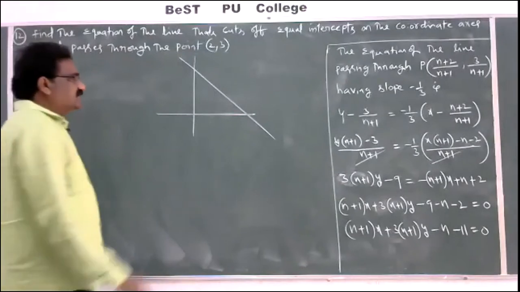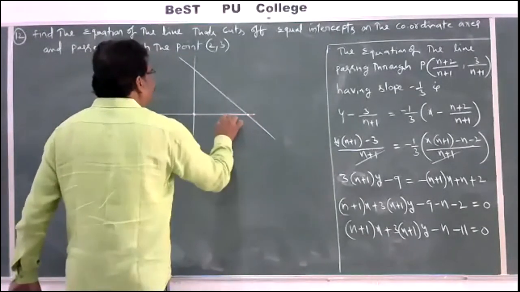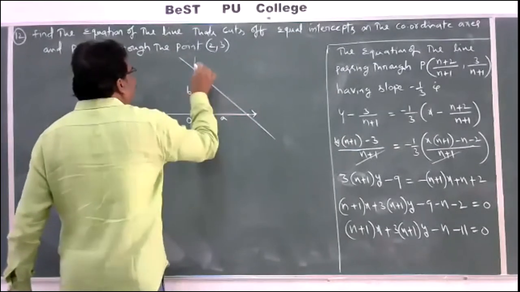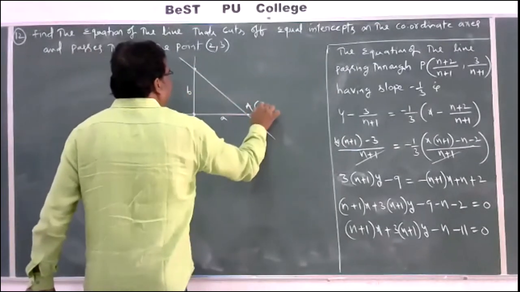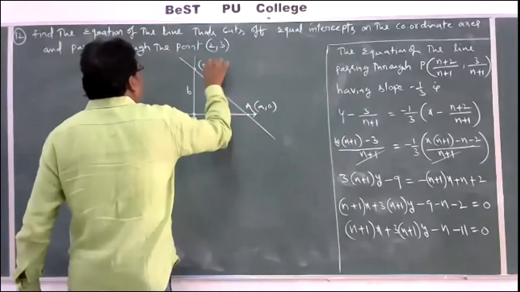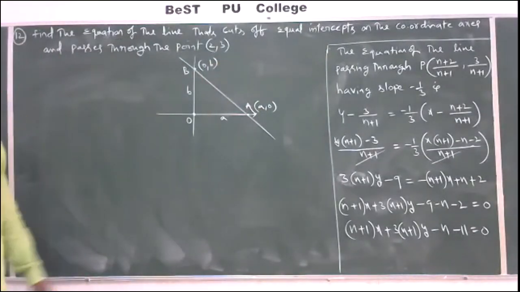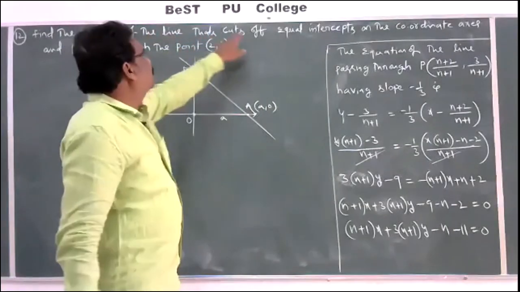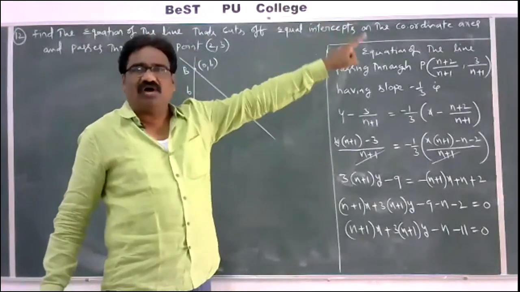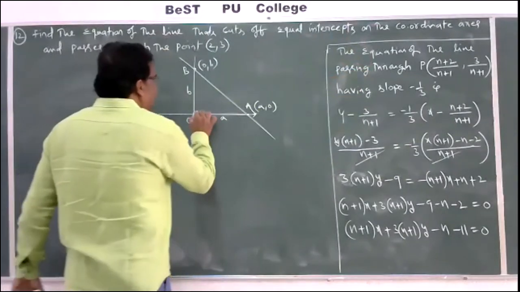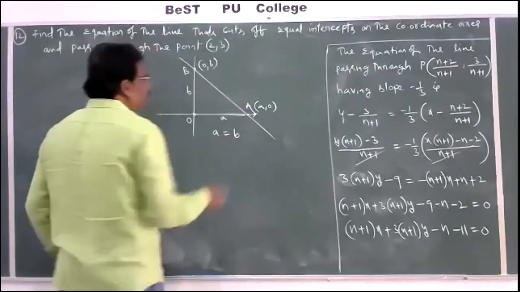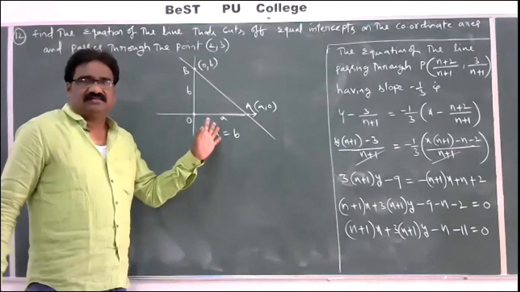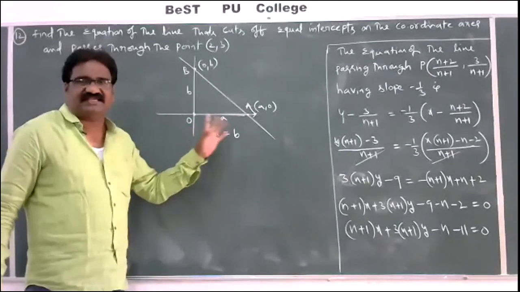If a line meets the x-axis at a distance of a units from the origin and y-axis at a distance of b units from the origin, this is, for example, a comma 0, this is 0 comma b, capital B. They're making equal intercepts, that is a is equal to b here. This length and this length both are equal. The intercepts are equal, that is a is equal to b.